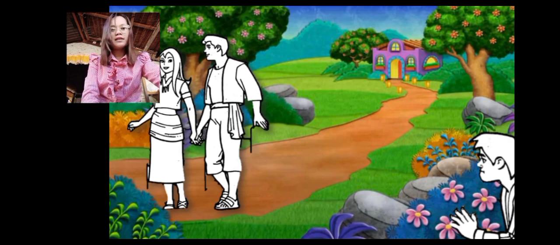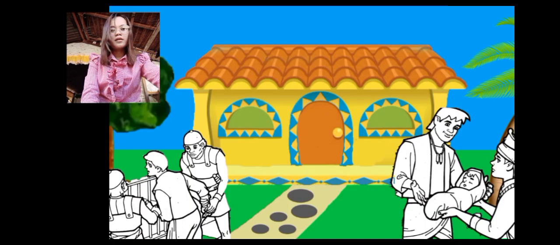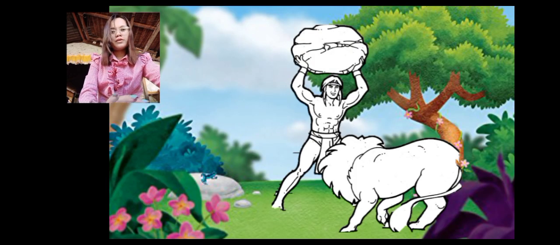And how about the second picture? The first picture. Very good. And the last event, or the third event? The last picture. Very good. All of your answers are correct. Your answers are one example of sequencing at least three events.